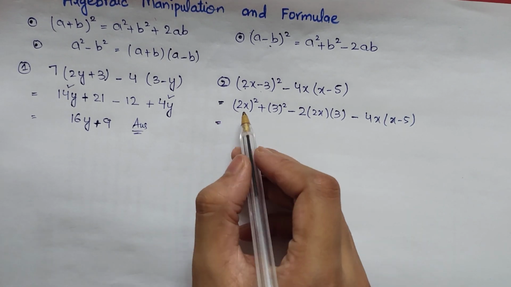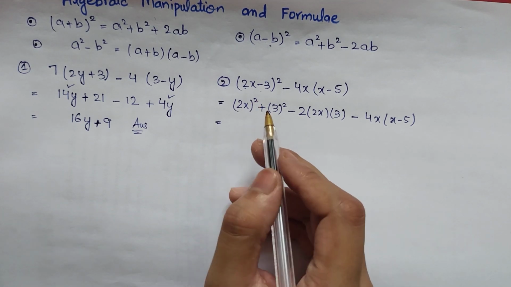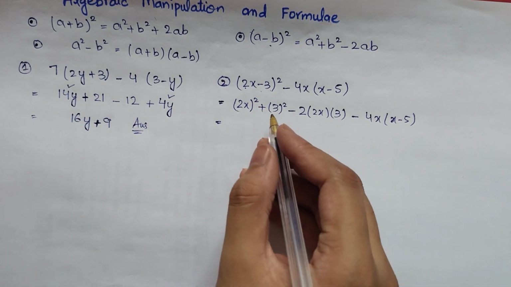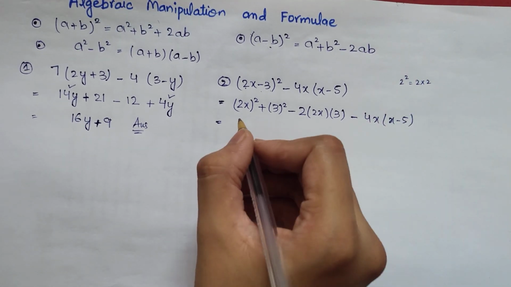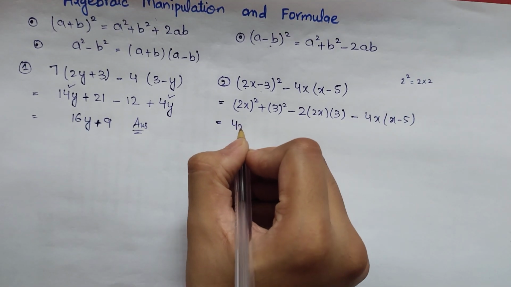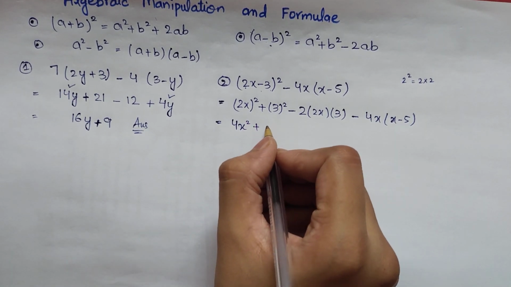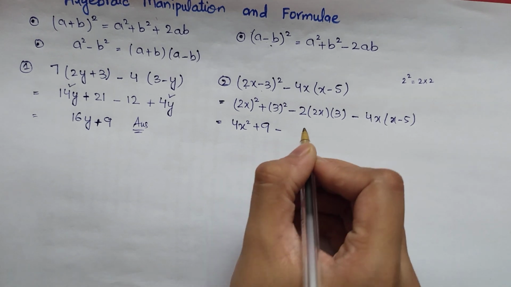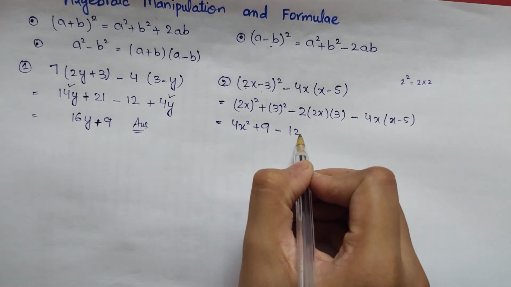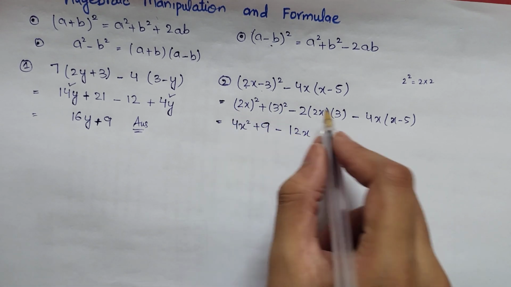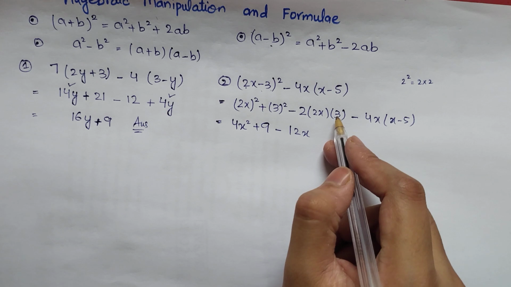Now multiply 2x by 2x, because 2x square means you multiply this number by itself. 2x multiplied by 2x is 2 2s are 4, and x multiplied by x becomes x square, plus 3 multiplied by 3 is 9, minus 2 2s are 4 and 4 3s are 12x. This is just simplification. You open the square and multiply these three terms.